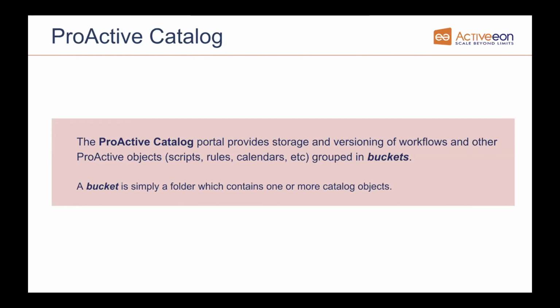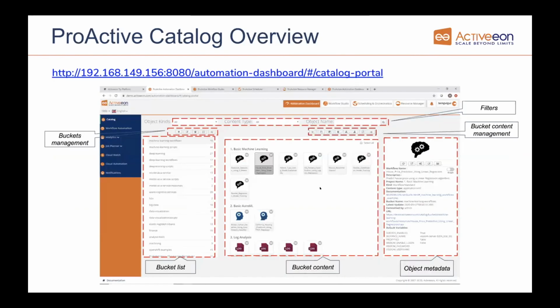So it's up to you to define the buckets and how you group your objects in general. So a bucket is simply a folder which contains one or more catalog objects.